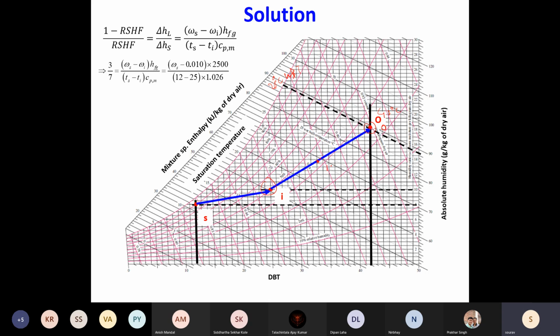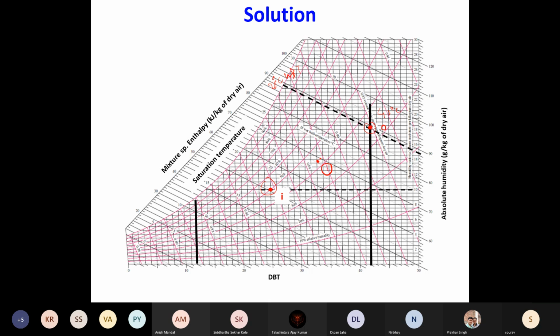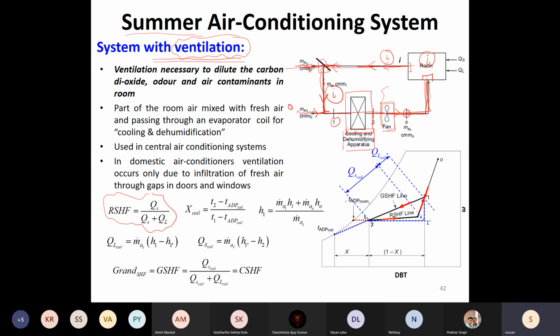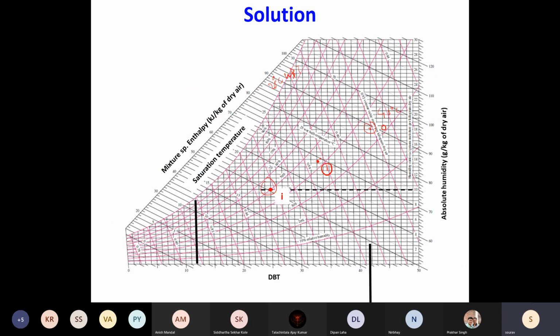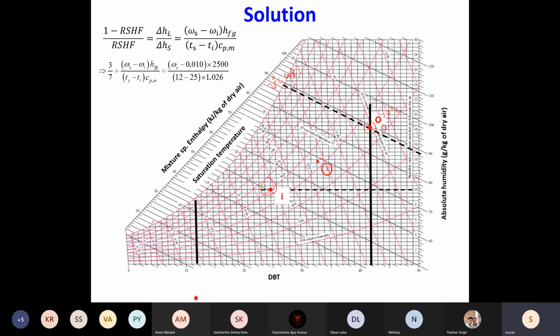So that is your state point 1, which we marked in our previous slide. Point 1 is the mixing of I and O.